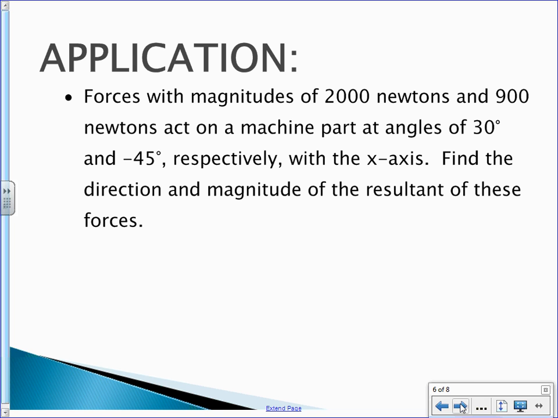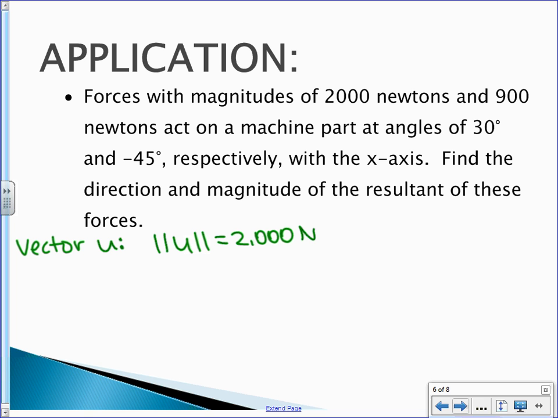Let's talk about vector u. Vector u, we're going to say, has a force of 2,000 newtons. So that means the magnitude of u is 2,000 newtons. What is the angle? What is the direction of u?